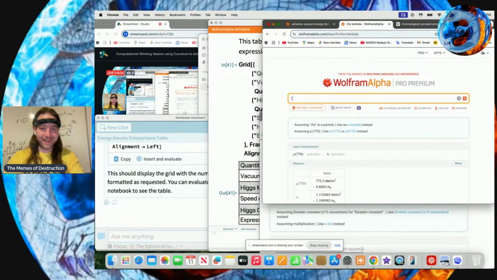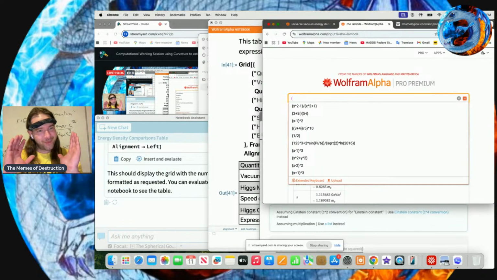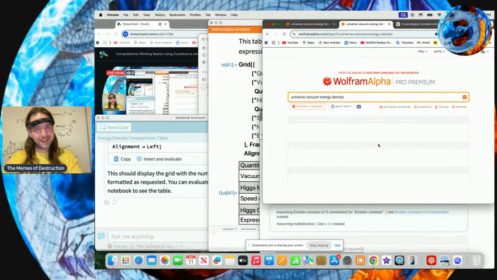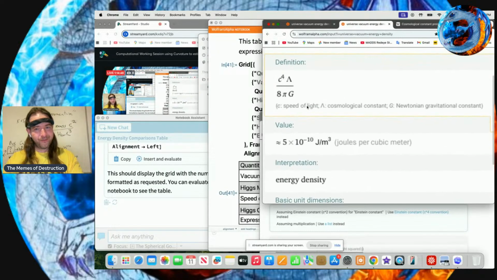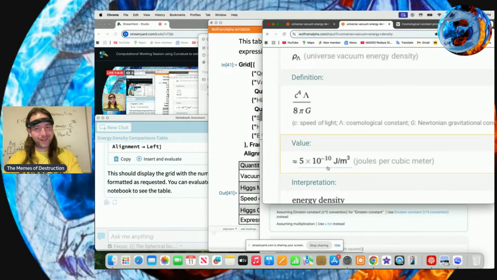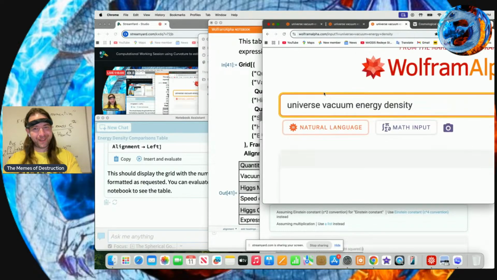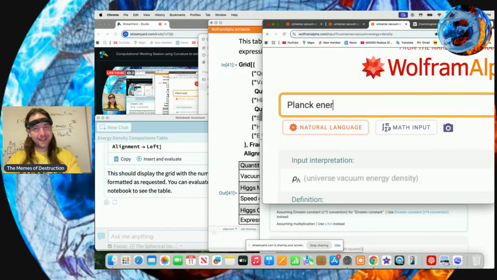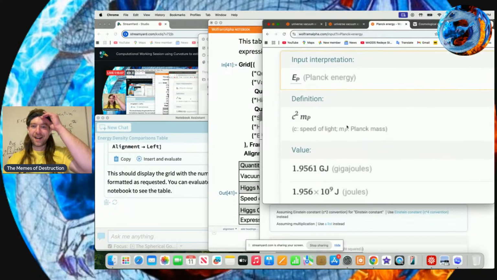I often use that just because. Okay, I notice, hold on. Universe vacuum energy density. So here's the thing. When one notices this is a small number, 5 times 10 to the minus 10 joules per cubic meter, since I'm kind of a spectrum-y person, I remember the Planck energy.